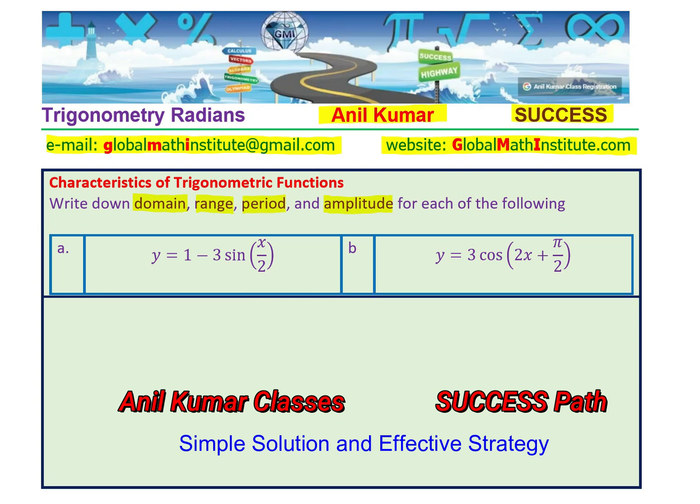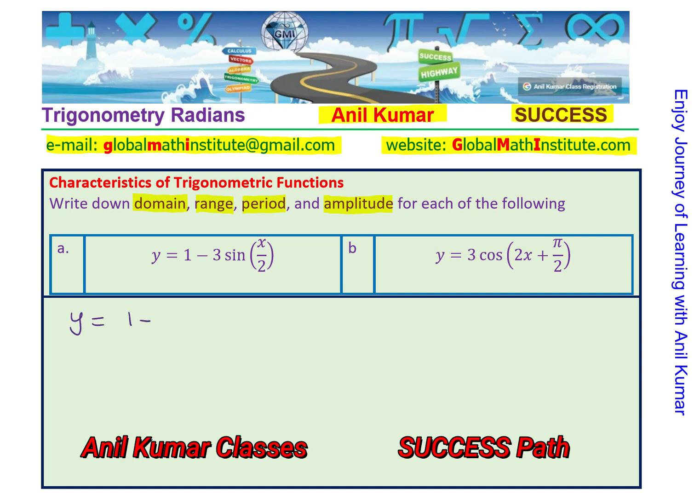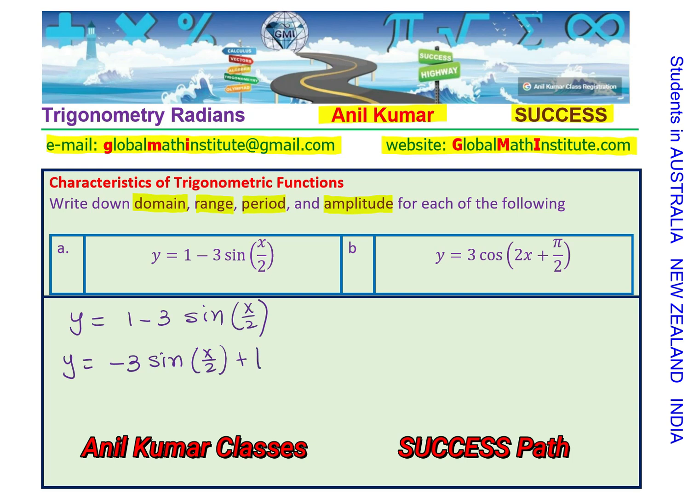Let's begin with the first one, which is y equals 1 minus 3 sine of x by 2. It is a good practice to rewrite it in the standard form, where we write it as minus 3 sine of x by 2 plus 1, right?